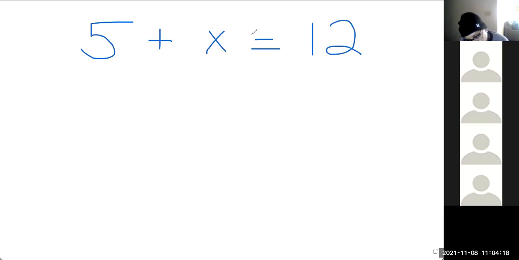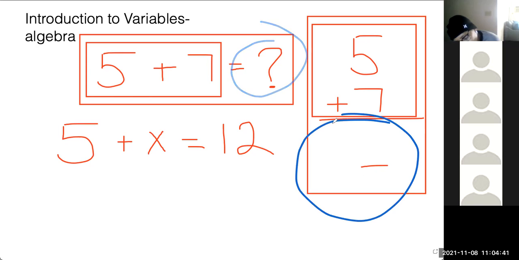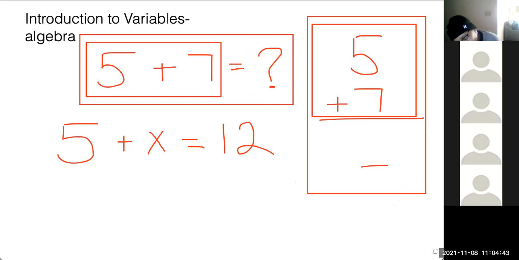We did 5 plus 7 before, and it clicked in our head, 5 plus 7, that's going to be 12. What we want to do is get the unknown thing all by itself. Just like we said before, when we had stacked math, the unknown thing right here was all by itself. And that felt good. So that's what we want to get to.